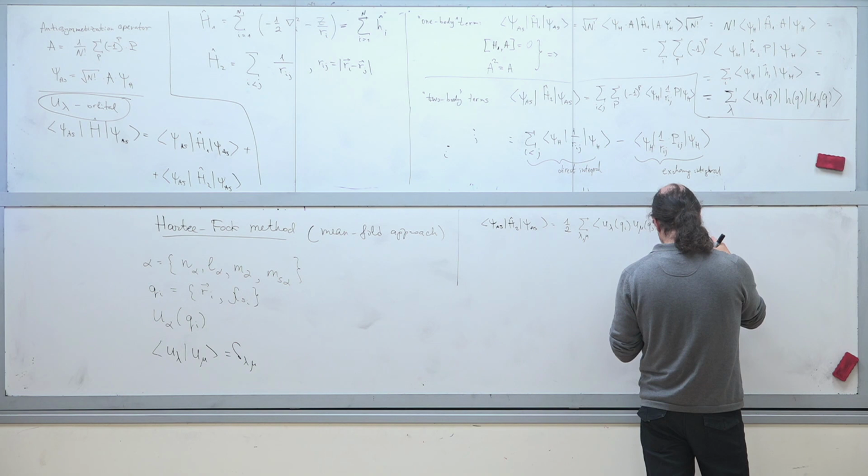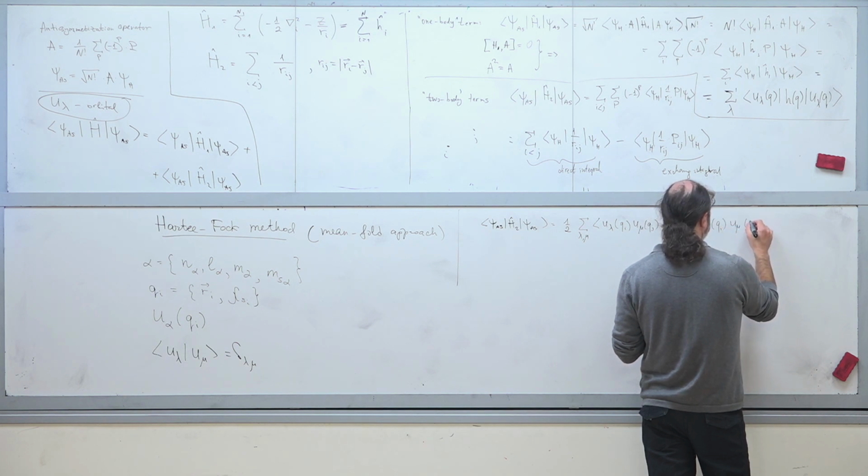And from this part, I have essentially the same, u lambda of ui, u mu of uj.